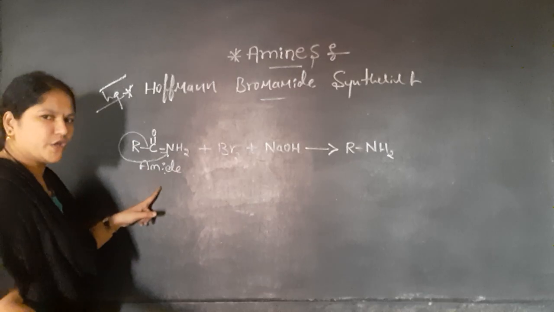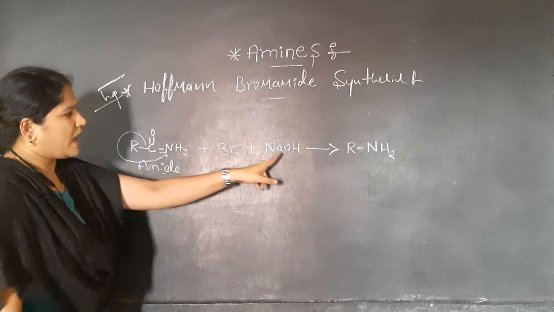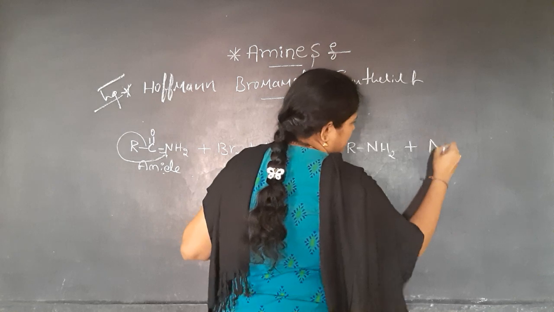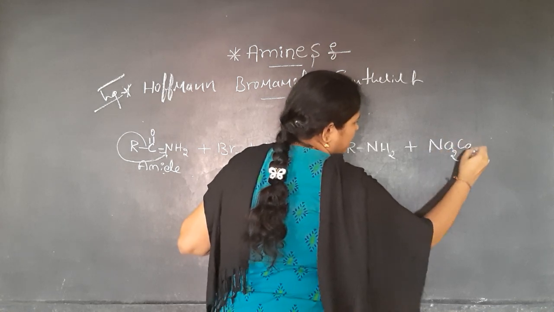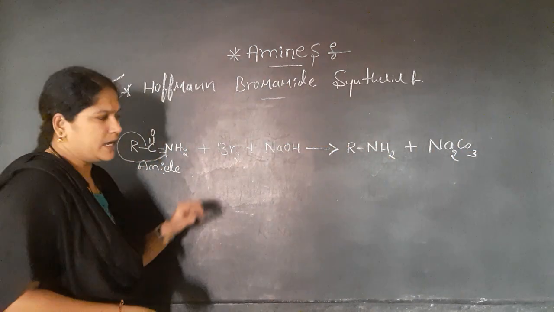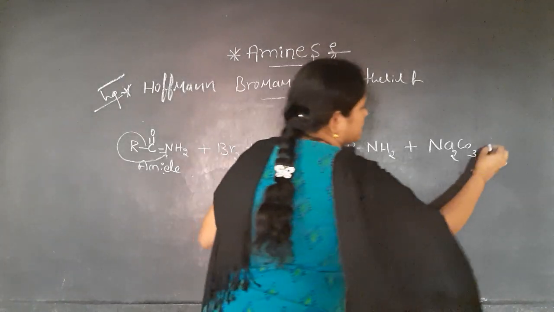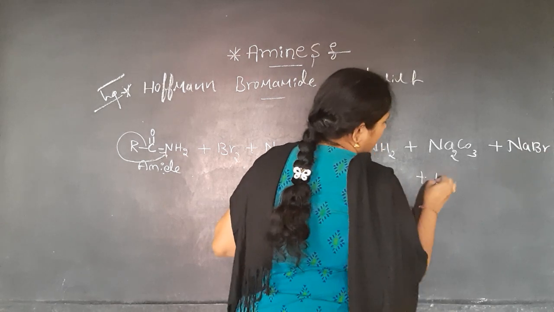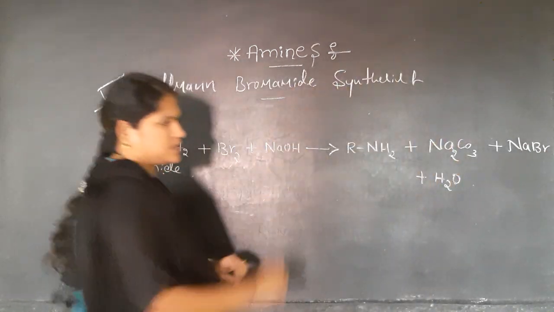How are we removing it? We have sodium here, so sodium reacts with the C double bond O and we get sodium carbonate, Na2CO3, which is eliminated, and the remaining things are all byproducts. So we have sodium and bromine, that is sodium bromide, NaBr, which is eliminated, as well as water. These are all the byproducts.